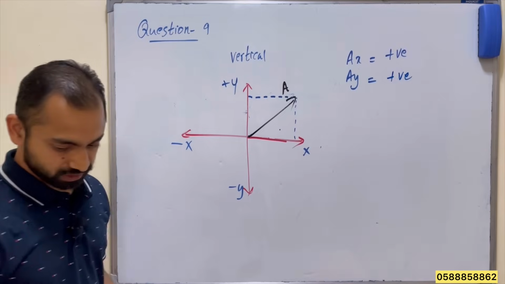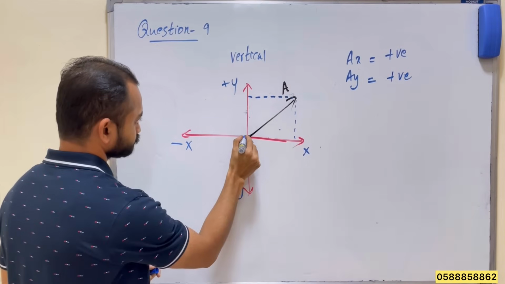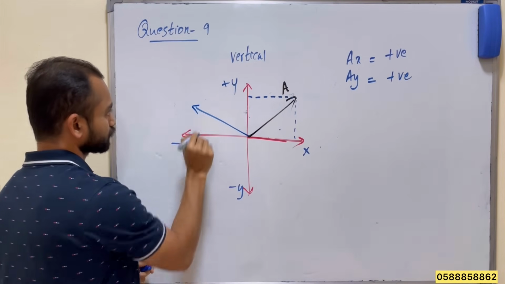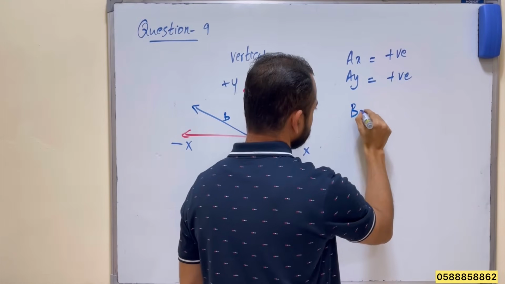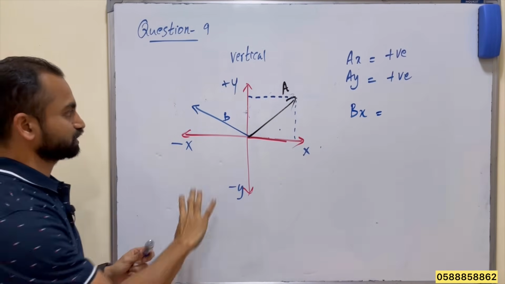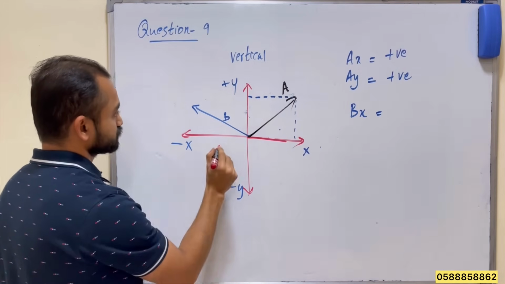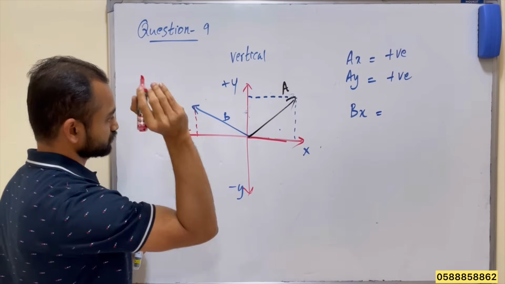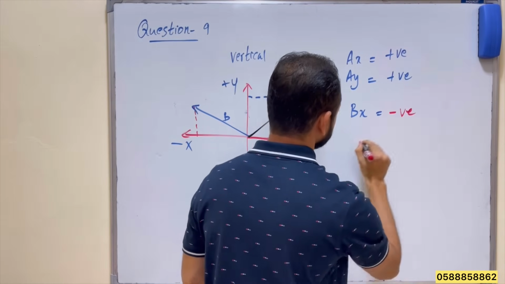We have another vector that we will draw here. B. So what is Bx? You have to tell whether positive or negative. Okay, in this example I am not giving the values. So Bx, from here go to the x-axis. It is reaching negative of the x. Negative.